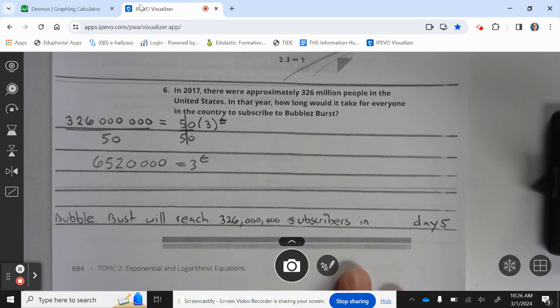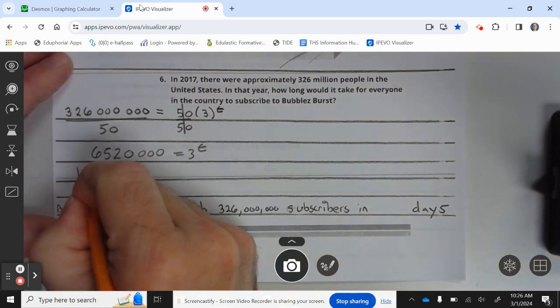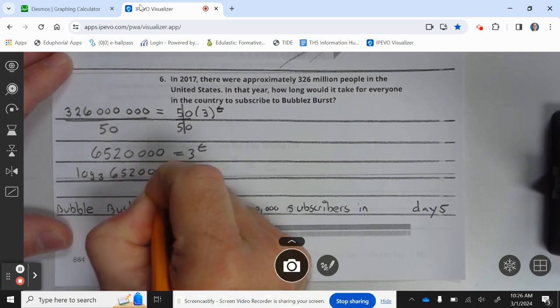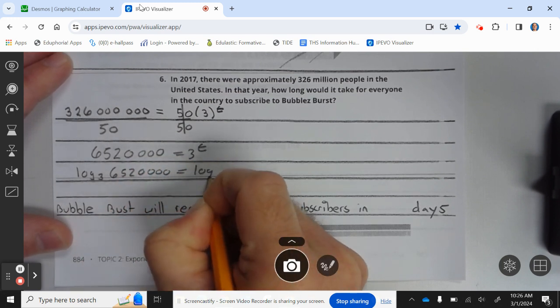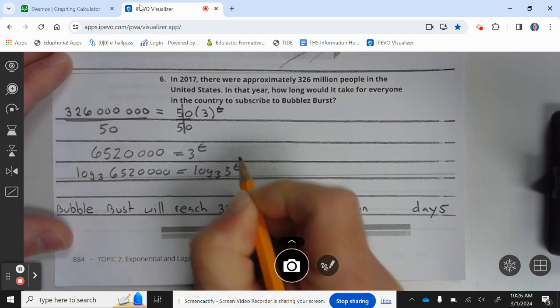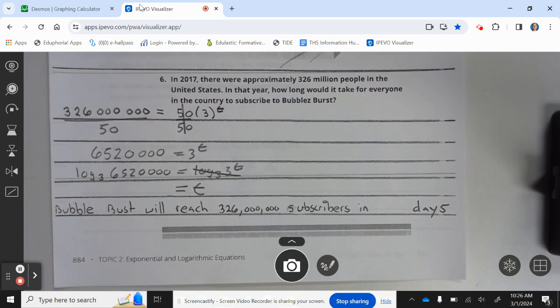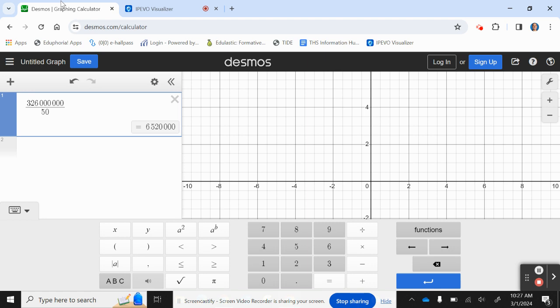All right. So our next step is we're going to take log base 3 of both sides. Log base 3 of 3 cancels each other. You're left with t equals log base 3 of 6,520,000. Okay, so let's go ahead and put that in.